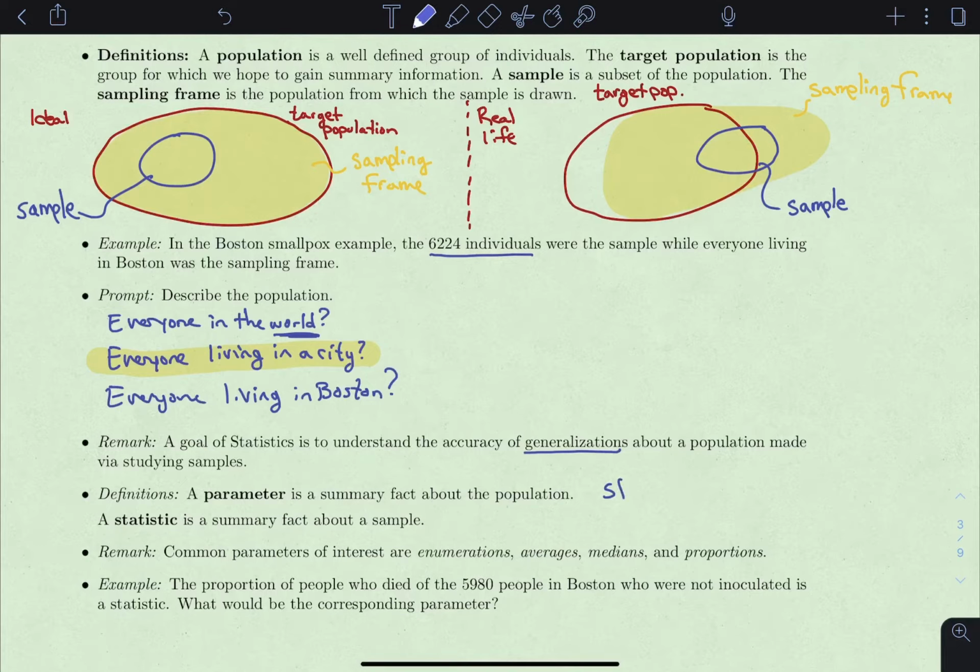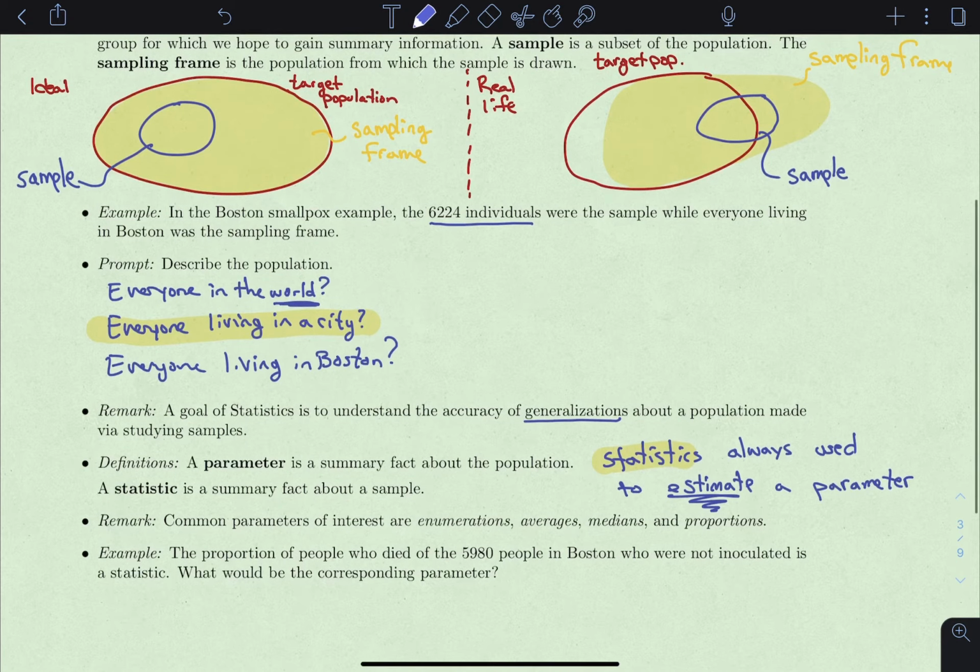So statistics are always used to estimate a parameter. Parameter is something you rarely ever know. You can never freeze time and ask everybody their opinion. You always are just grabbing a statistic and using it to estimate the parameter.